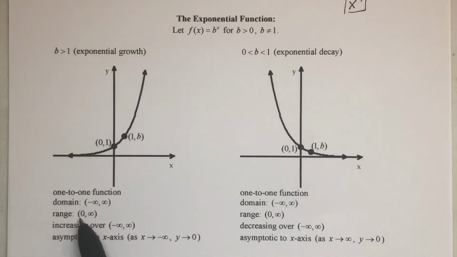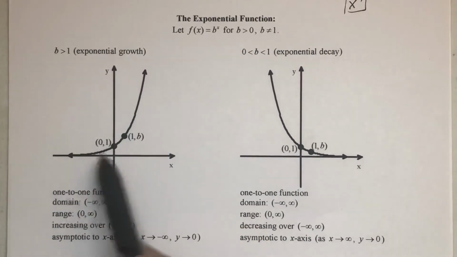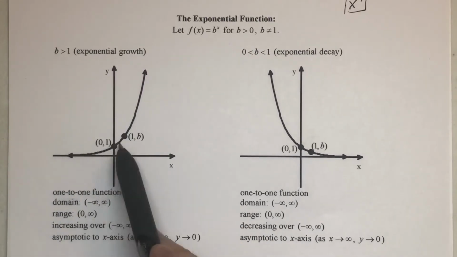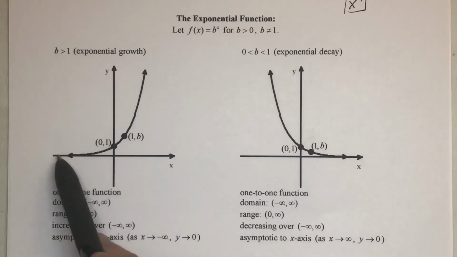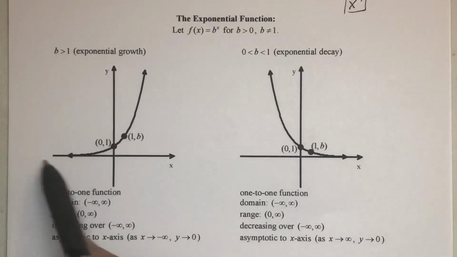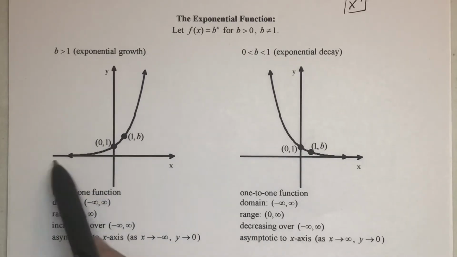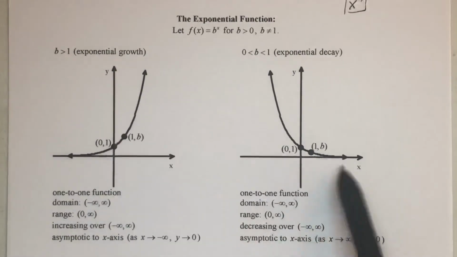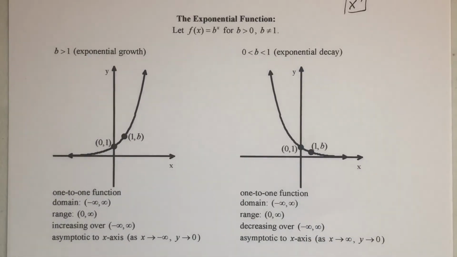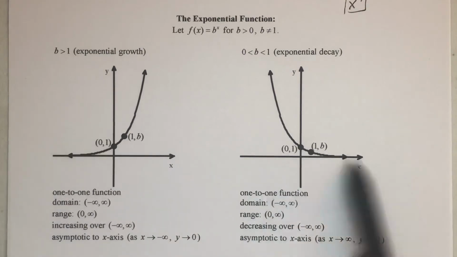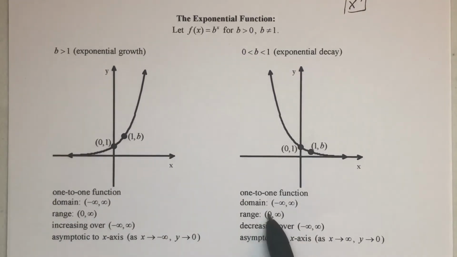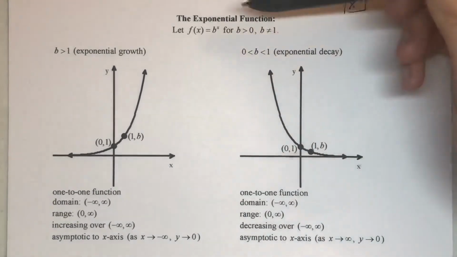Now the range, notice, with this graph, something we talked about in the last chapter, it has that asymptotic behavior. It's not going to cross the x-axis on this side for this graph or on this side for that graph. Okay? So with that behavior, notice the range is 0 to infinity.